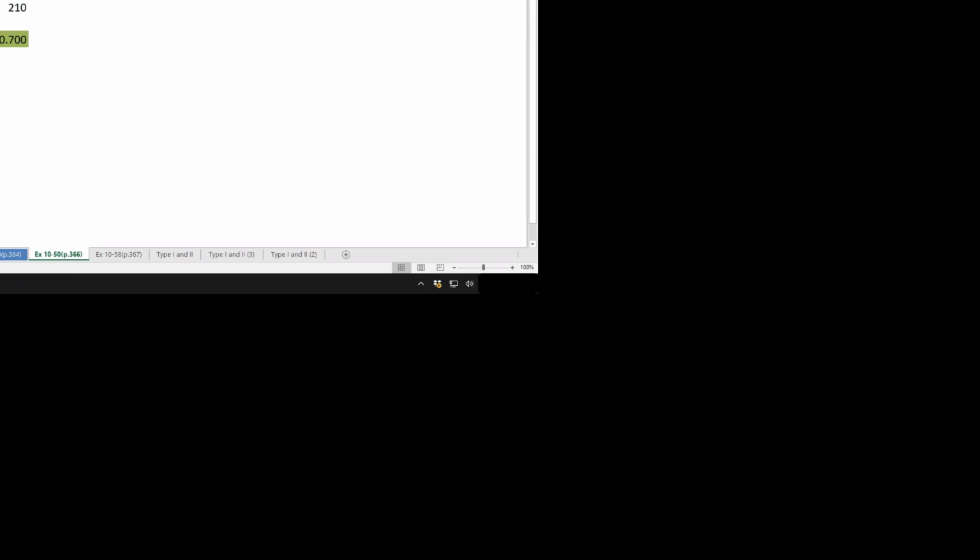So 0.63. What's the missing symbol between pi and 0.63, using this word here? Not equal to. Okay, not equal to. Thank you. So this is a two-tailed test.